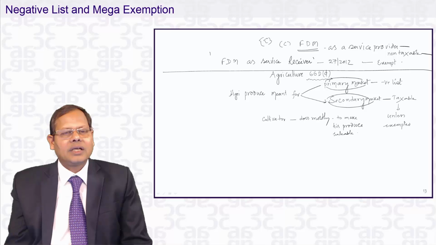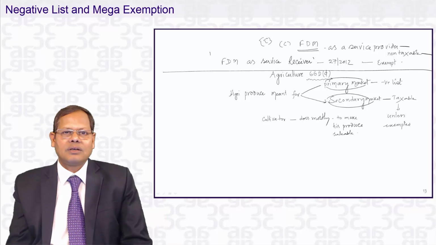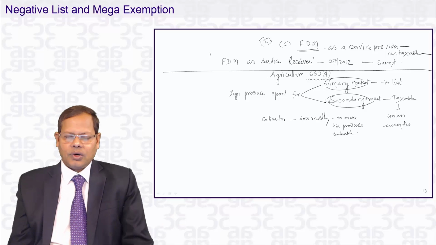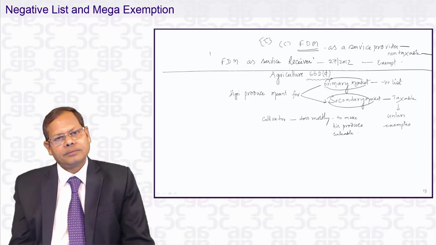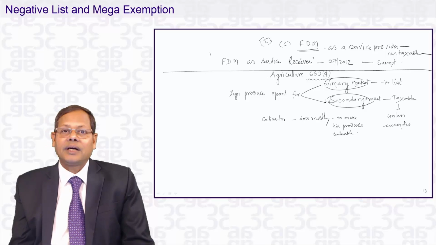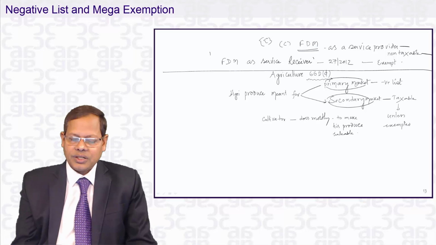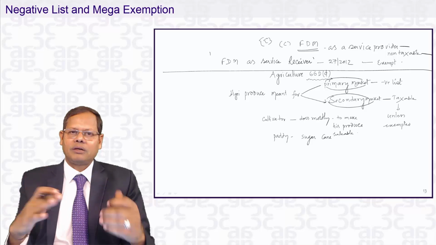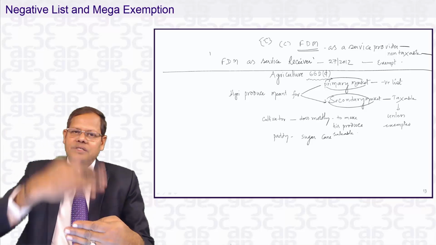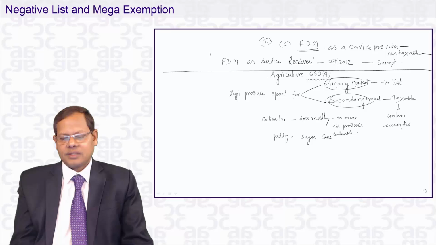Similarly wheat, or you can say paddy. So whatever the agriculturist does to make the product saleable, that is agricultural produce meant for the primary market. So in this category, you can say paddy, sugarcane. For sugarcane also dressing has to be done. It has to be cut off, sized and sold.